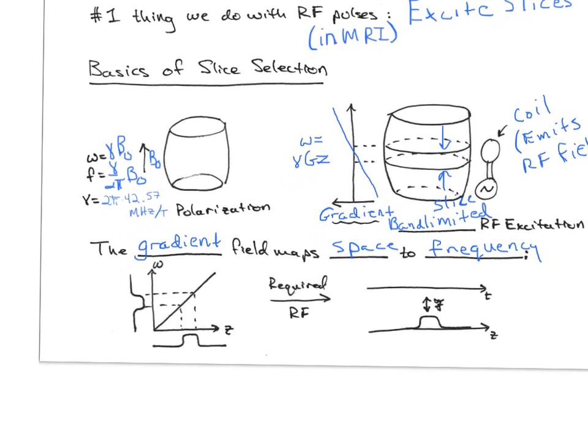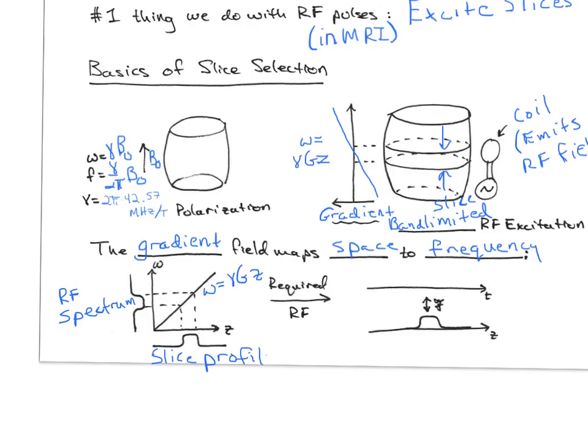To show that graphically, again another way, the gradient creates this linear relationship between space and frequency. The slope of that line is gamma times G. If we play out an RF pulse with the following spectrum that has a rect shape, then we'll get a slice profile that is also a rect shape.